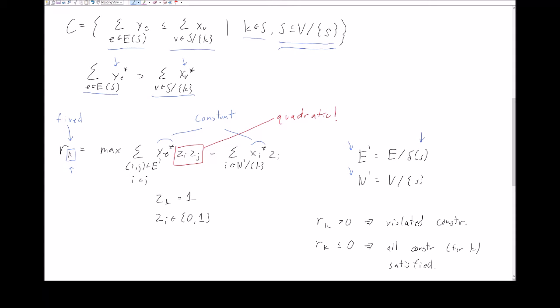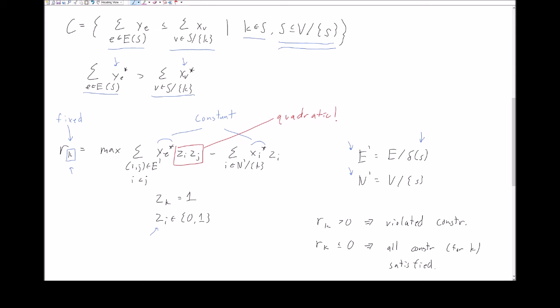Our quadratic program is going to rely on a set of variables zi. Zi is going to be 1 when we include node i in our set S associated with the violated constraint, and it's going to be 0 otherwise.